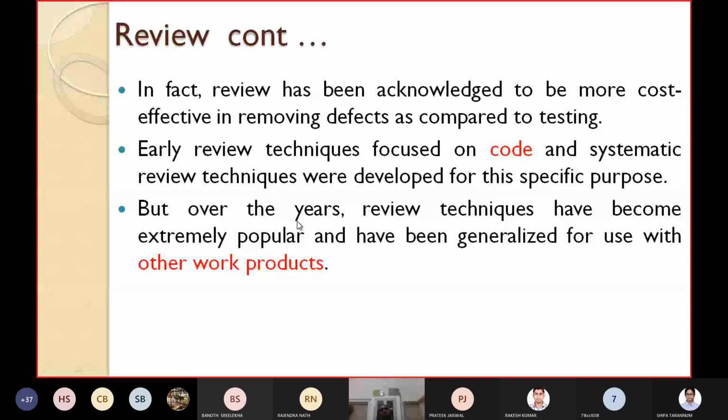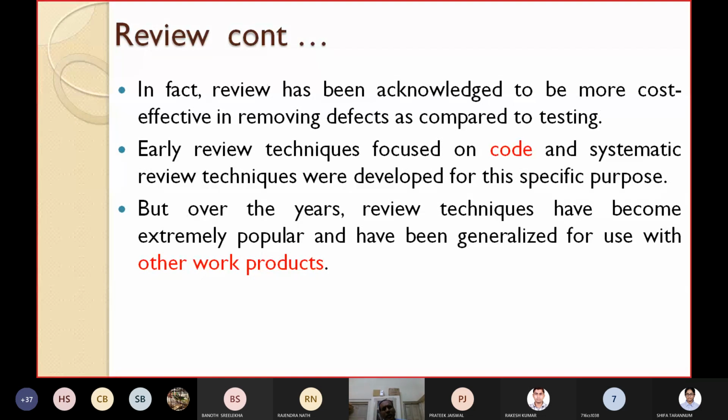But over the years, review techniques have become extremely popular, and they have been generalized for use with other work products such as non-executable work products like the SRS document, design documents, etc. So review can be used both for executable code and for non-executable work products.